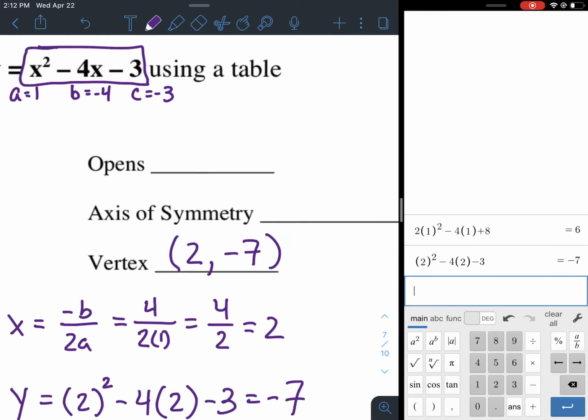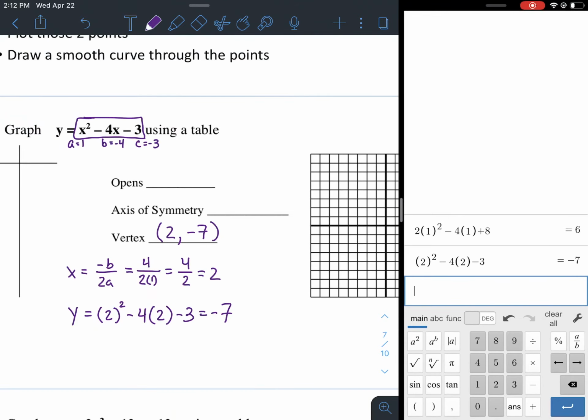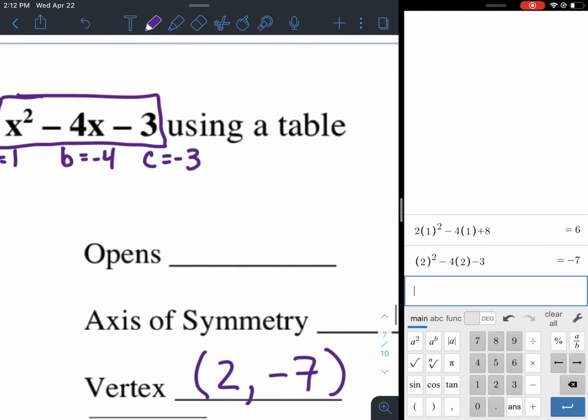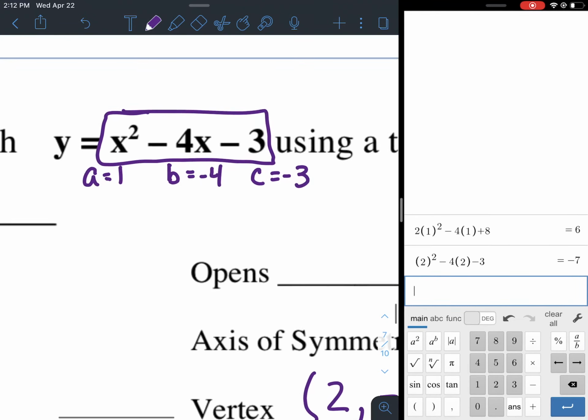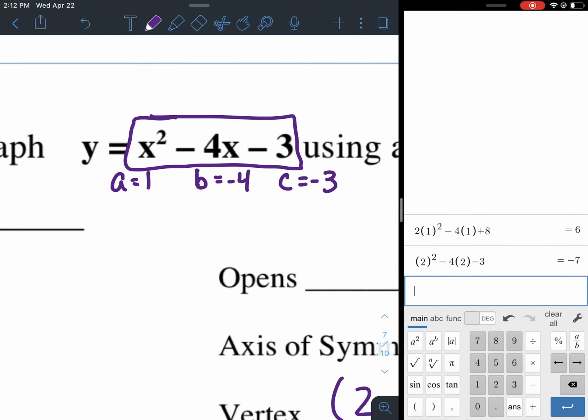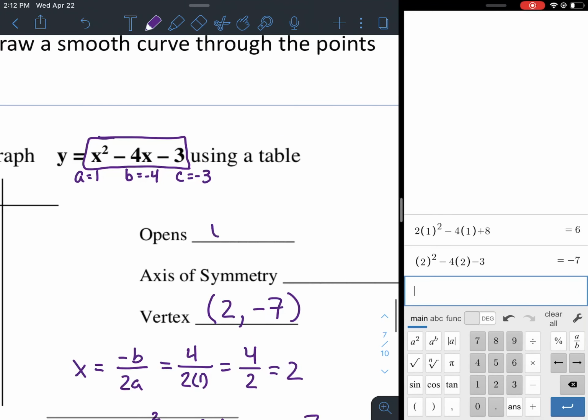Now, even though these two parts aren't necessarily essential to graphing, it is important to understand what our graph should look like. So what direction is it opening? My a value is 1. It's positive, so my graph should be opening up. I'll check this at the very end, but if all things are done correctly, the graph should be opening up.